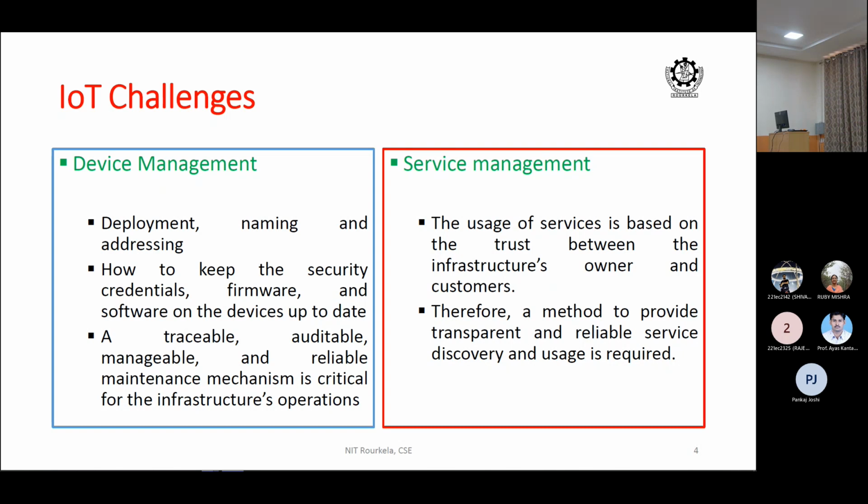Therefore, to build this trust, a method to provide a transparent and reliable service discovery and usage is required. Now, to build up the trust and to query the network, you need to have a reliable service provider mechanism, which is transparent. The moment it is transparent, that means anyone can audit any transaction that is being made.